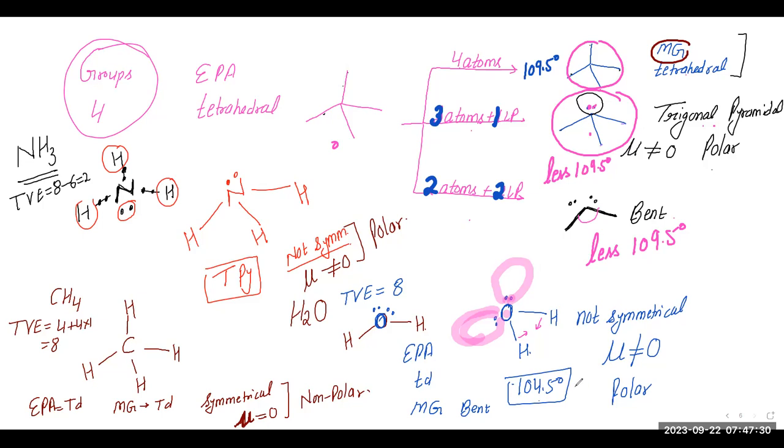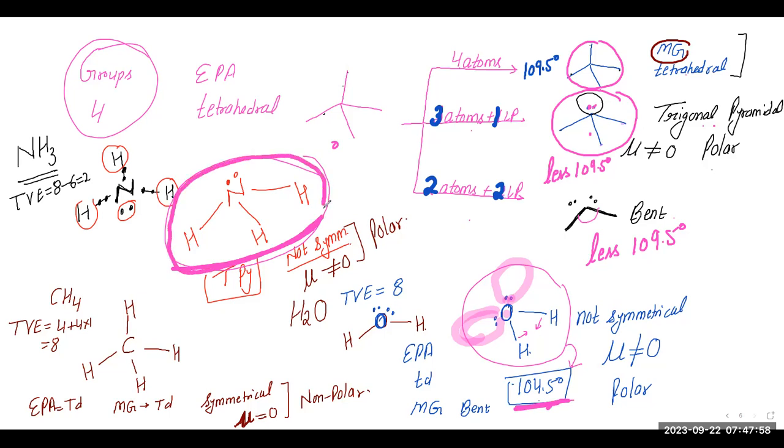Okay. So I was talking about the lone pair. Lone pairs cause more repulsion. That's why the shape becomes distorted and angles become lesser. So can you tell me the angle in ammonia and in water? For water, I have already given you the angle, 104.5 degree. And in ammonia, what can the angle be?